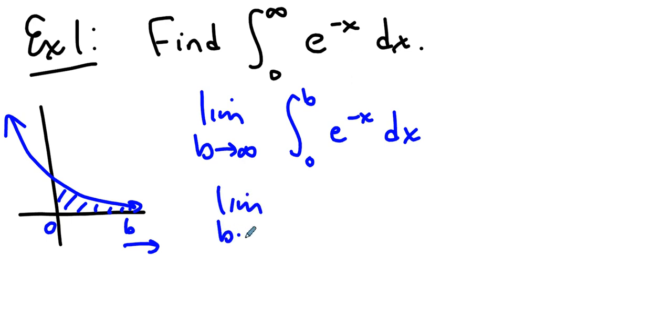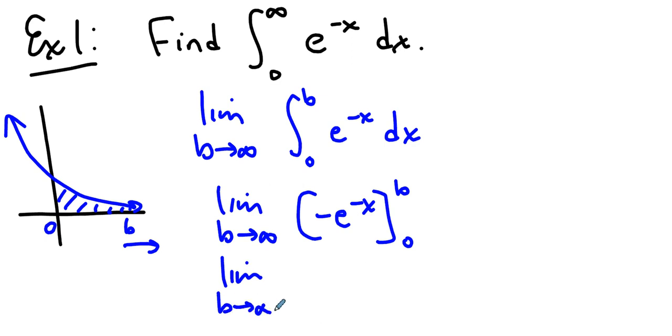So we have to ask ourselves questions like, what is this integral? Well, how do we do that? We take an antiderivative of this thing, and we evaluate between 0 and b. Antiderivative, subtract. So what's that? Well, we sub in, so that's negative e to the negative b, minus, sub in the 0.